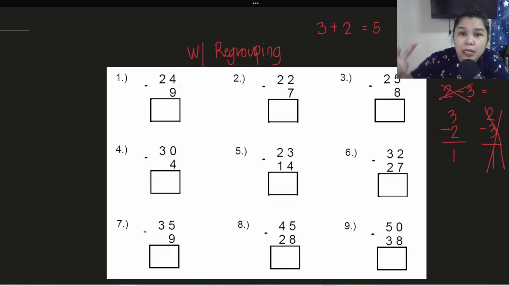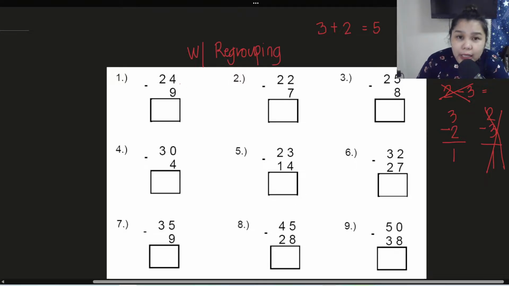Pwede ba siyang baliktarin na 9 minus 4? Hindi rin pwede. Basta ang palaging tandaan in subtraction, the minuend should be greater or higher than the subtrahend. So 24 is higher, that's why it is the minuend, and 9 will be our subtrahend.